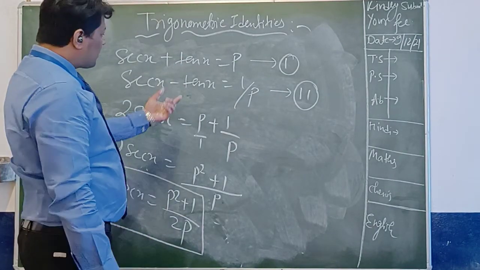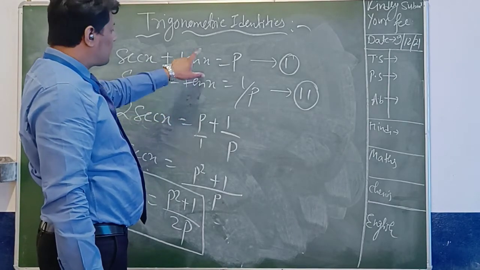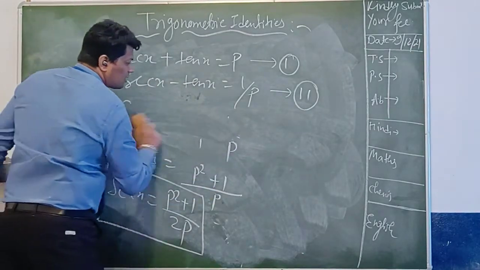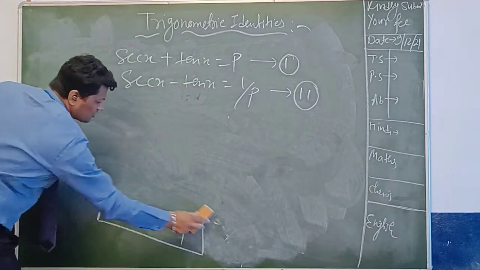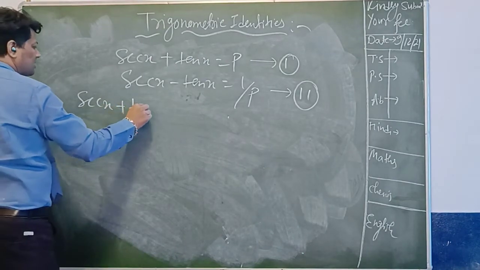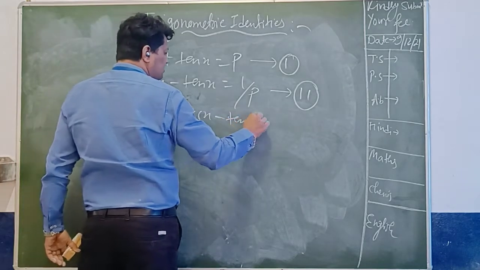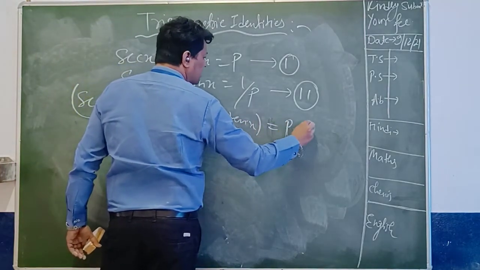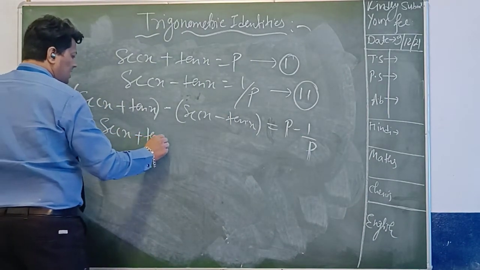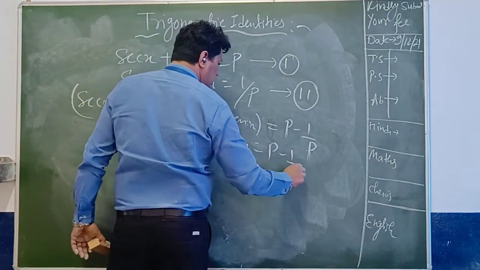Now we have to calculate tan x. Here we added in the last, but for tan x we have to do the subtraction. Difference means sec x plus tan x minus sec x minus tan x equal to p minus 1 upon p.